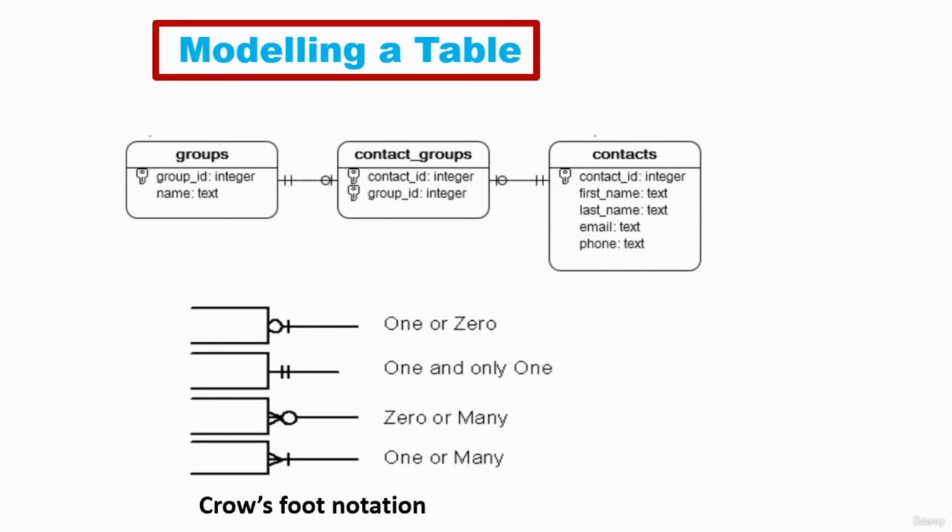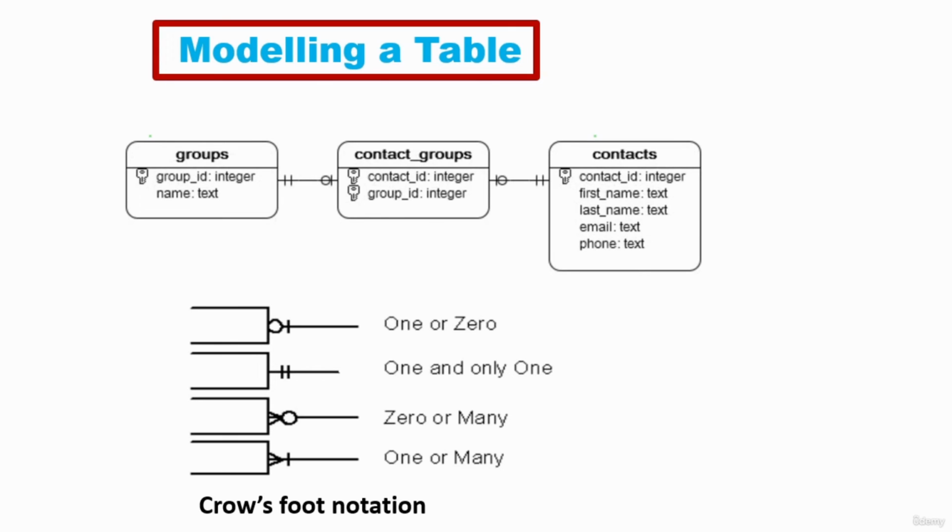In addition, each contact belongs to one or many groups, as illustrated with the relationship diagram using the crow's foot notation. Each contact belongs to one or many groups, and each group has 0 or more contacts.